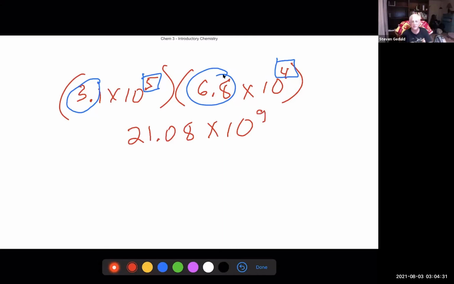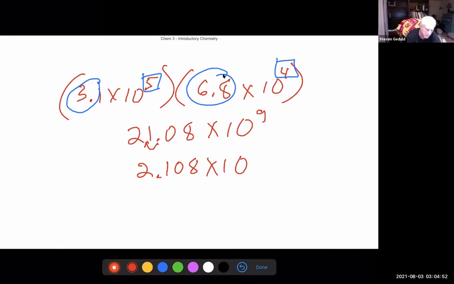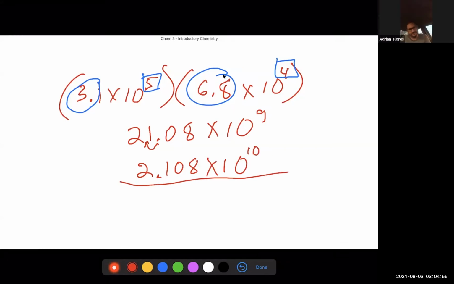Now that answer is not in scientific notation yet, so you've got to move the decimal back that way. So 2.108 times 10 to the, and we moved the decimal one place and made it smaller, because 2.1 is smaller than 21. So you make the other one bigger by 1. So 9 plus 1 is 10 to the 10th. And that'd be your answer.